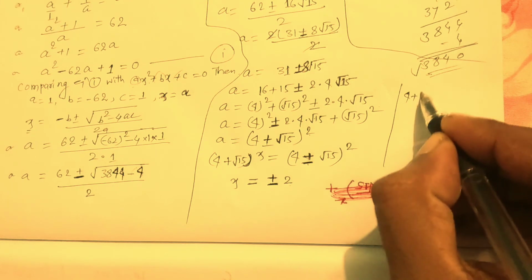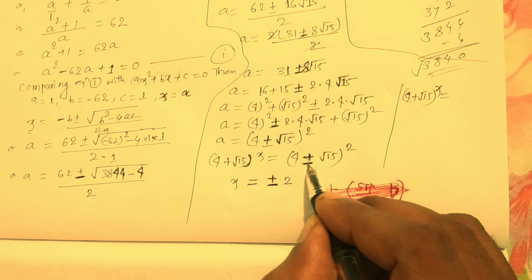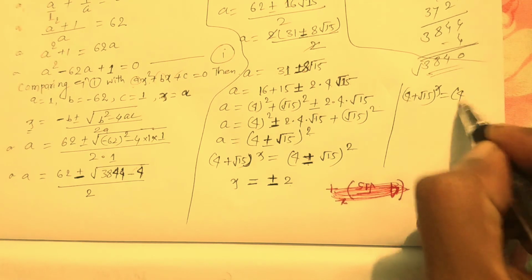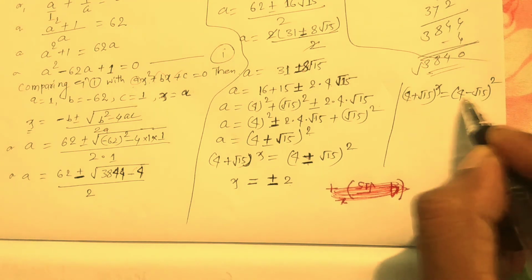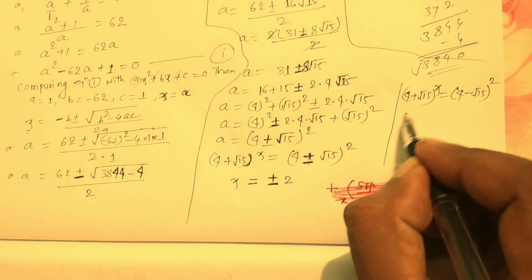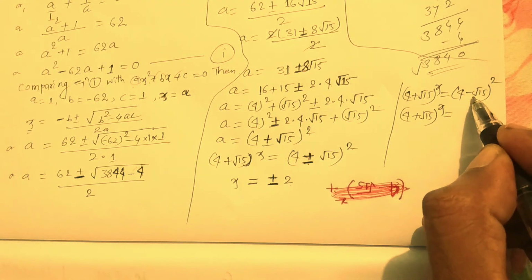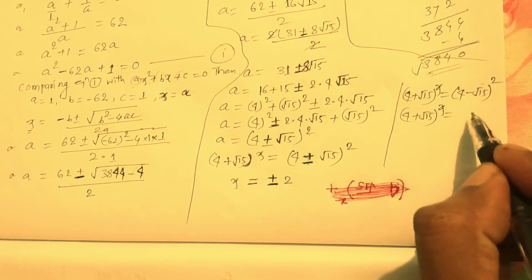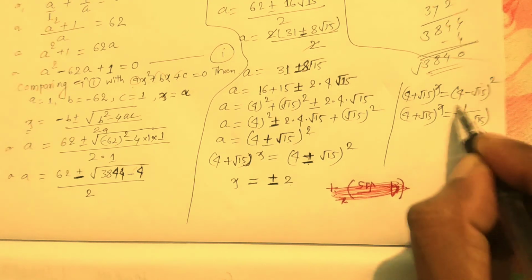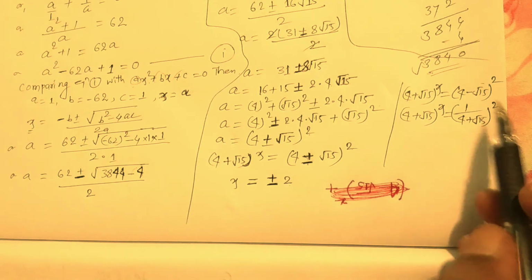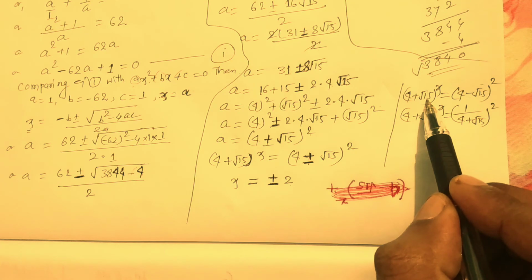So (4 + root of 15)^x is equal to, I am going to take the negative sign from here, (4 − root of 15)². Now we can write this as 1 by (4 + root of 15)², because I already told you that 4 minus root of 15 is the reciprocal of 4 plus root of 15.